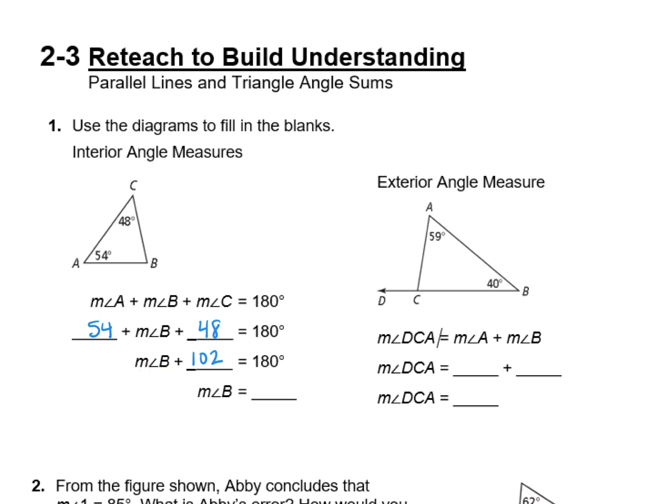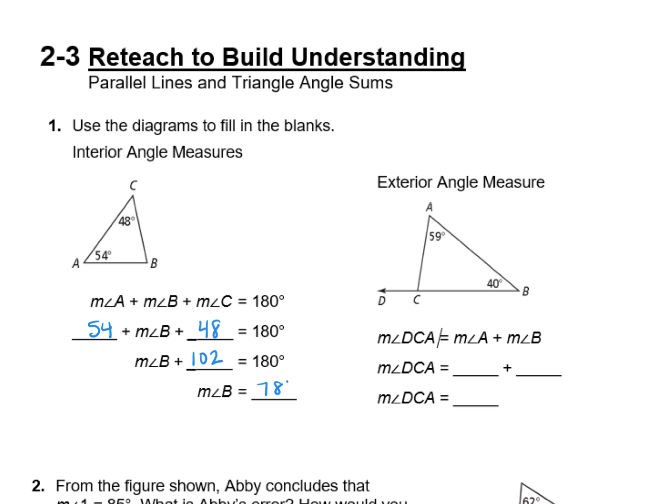So angle B plus 102 degrees equals 180. And then to get the measure of angle B, we'll just subtract 102 from both sides. So 180 minus 102 is 78 degrees. So we're able to work with our triangle angle sum because we know that the three interior angles of a triangle will add up to 180 degrees.